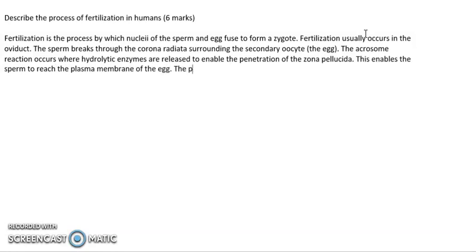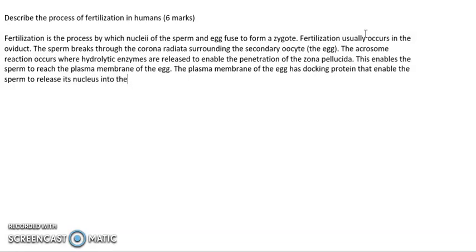The plasma membrane of the egg has docking proteins that enable the sperm to release its nucleus into the egg's cytoplasm.